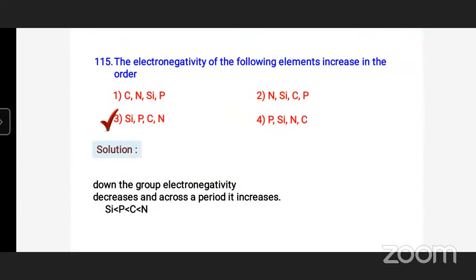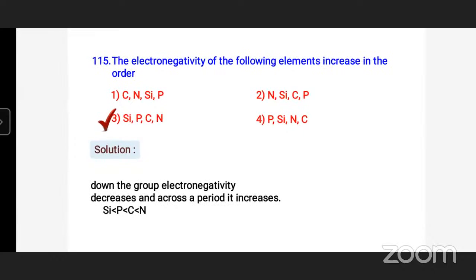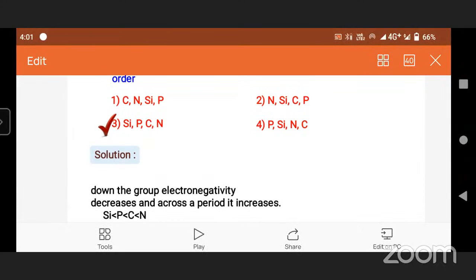Then the next question: the electronegativity of the following elements increases in the order. Number one, carbon, nitrogen, silicon, phosphorus. Second, nitrogen, silicon, carbon, phosphorus.